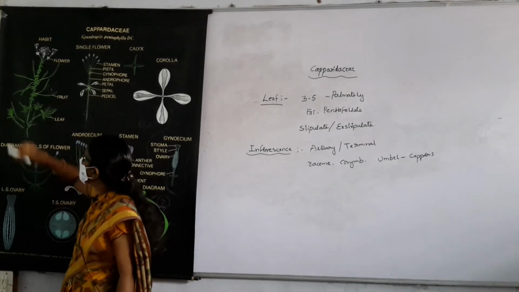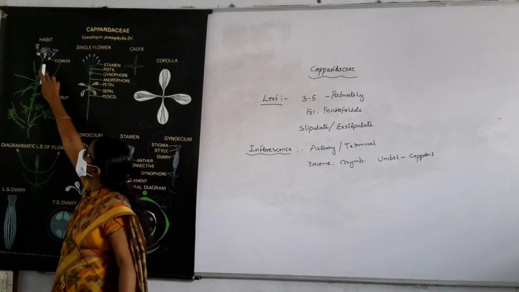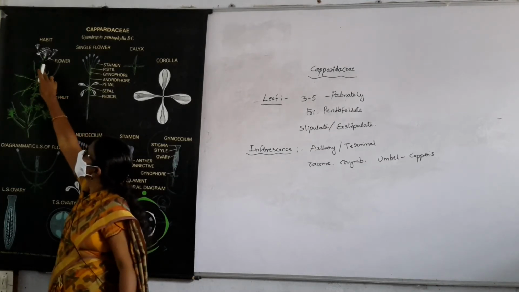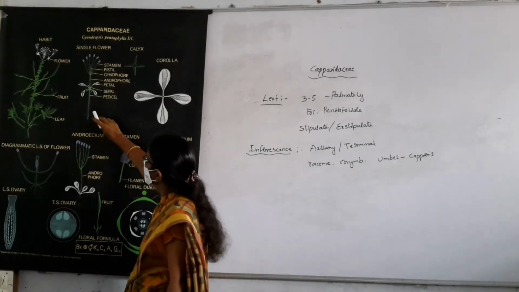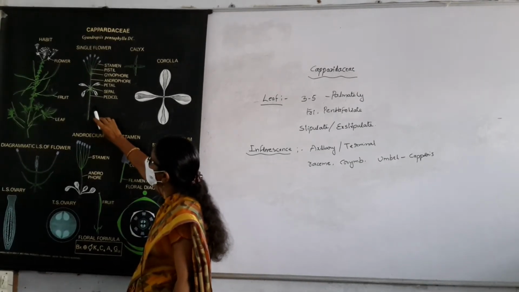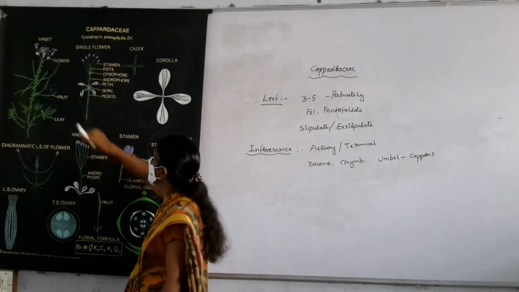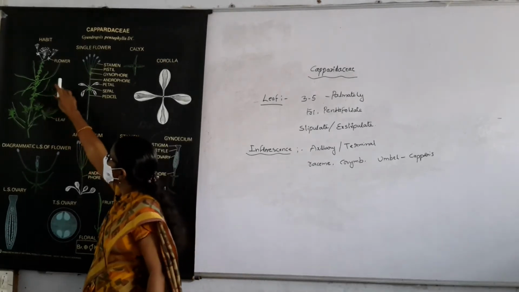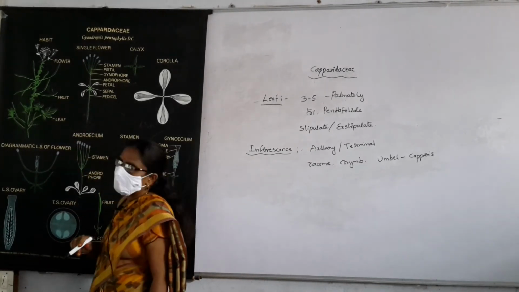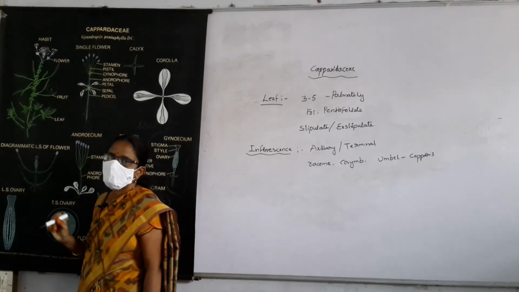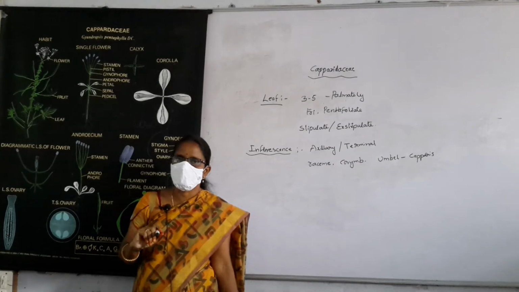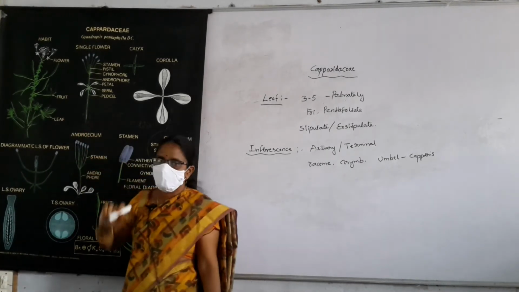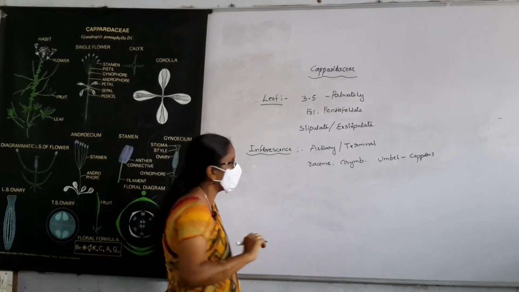This is one flower, and this is one inflorescence, and this is also one flower, each a single flower. This inflorescence appears like an umbel inflorescence. Umbel, racemose or corymb inflorescences are present in the Capparidaceae family. And next is the flower.